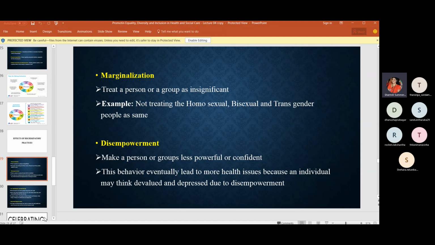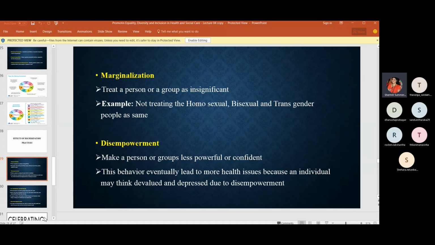Then disempowerment. Disempowerment means, once you start to discriminate against people, that particular person or group of people start to develop less power or less confidence in themselves. This behavior eventually leads to more health issues because an individual may feel devalued and depressed.